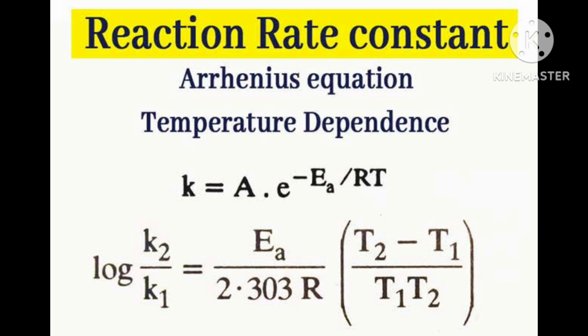But here what will you write? You want to know the rate. For 2 mole, the rate is more. If you know the rate for 2 mole, suppose it is X for 2 mole, then for 1 mole, how much? X upon 2.